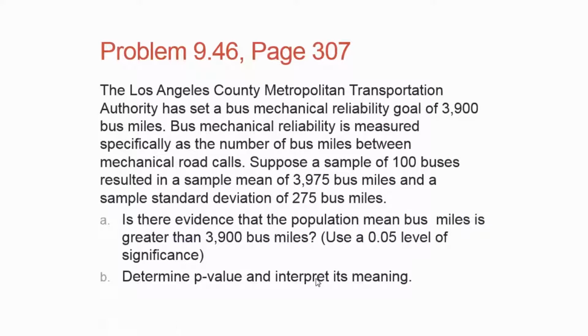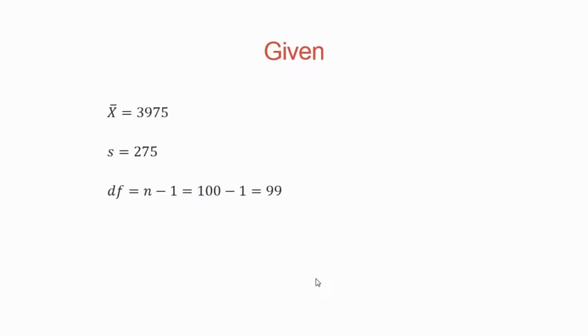That's kind of extra credit at this point, but we want to practice it so that you'll be prepared for the second exam when you'll need to know about p-values. So this is the information we're given. X bar is 3,975, S is 275, and degrees of freedom equal n minus 1. That'd be 100 buses minus 1, which is 99. That's the information we're given in the problem.